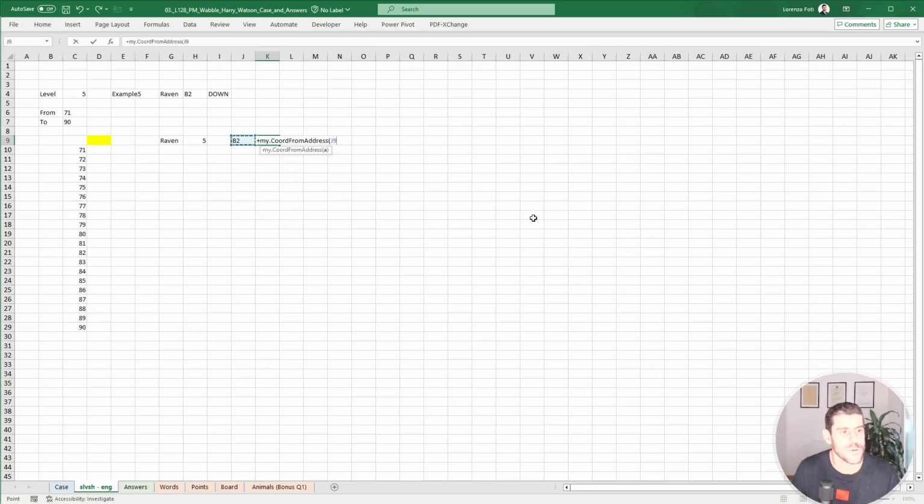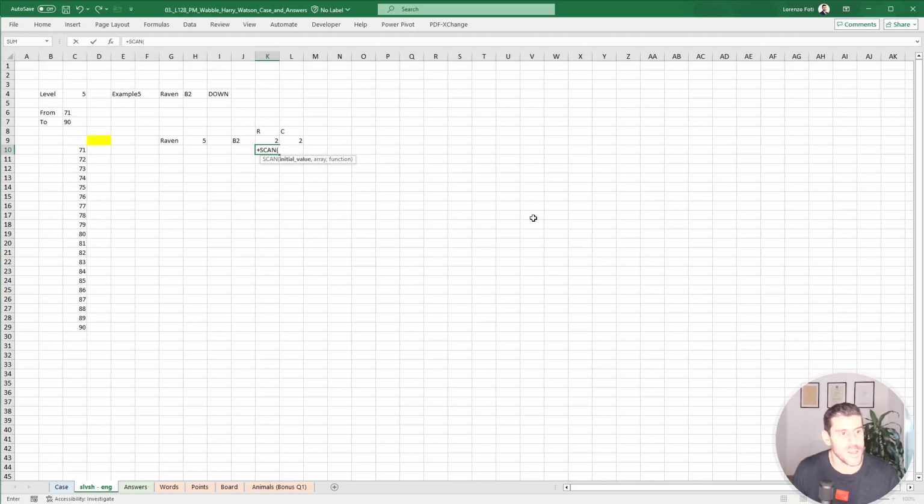I want to know the coordinates. Then I want to know, so this is row, this is column.